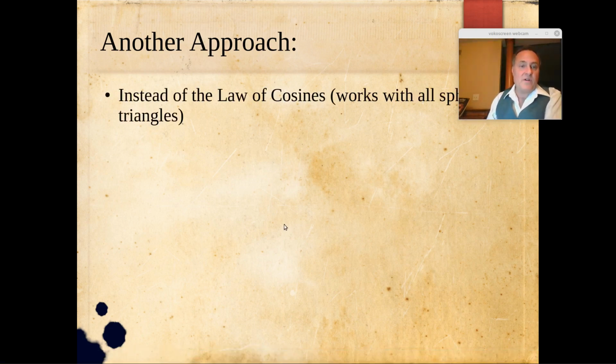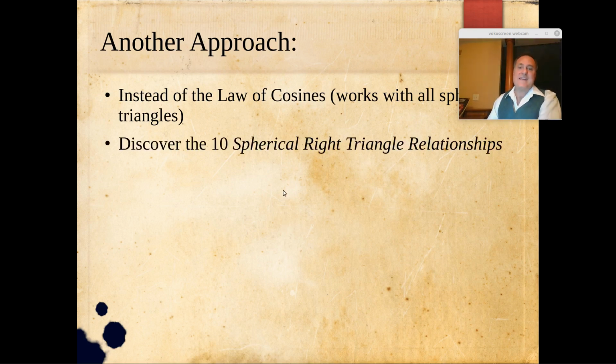In this approach, we're going to use the 10 spherical right triangle relationships. We'll derive them. They allow us to learn something about a missing side or angle of a spherical triangle if we know two or more of the other values of the triangle.